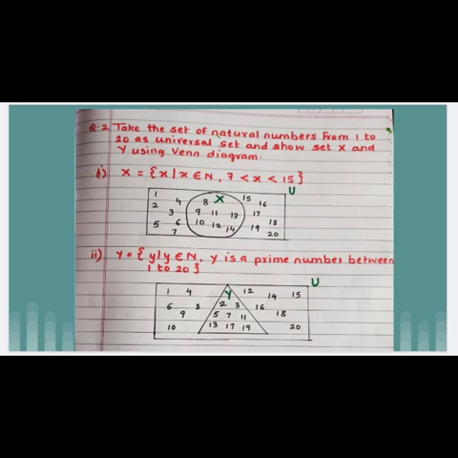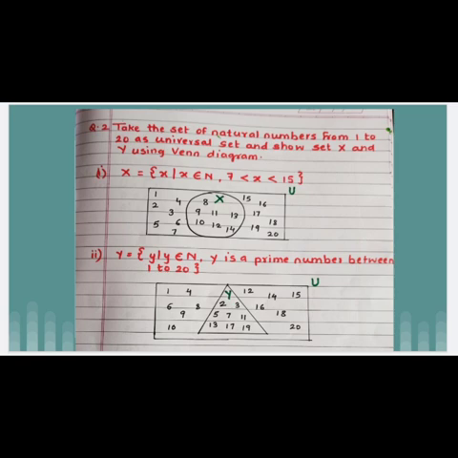Okay. Correct, students? Now again for the universal set we draw a rectangle. For set y we draw a triangle, which we show inside the rectangle because y is smaller compared to the universal set.